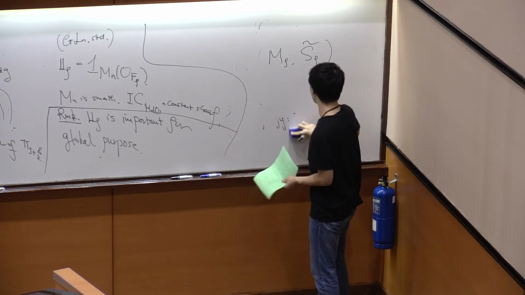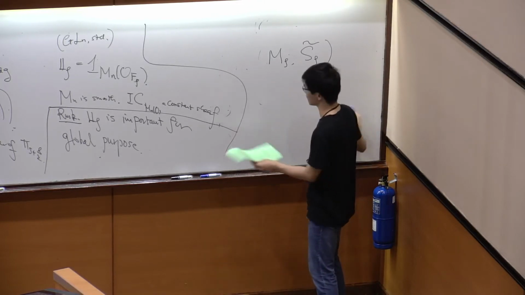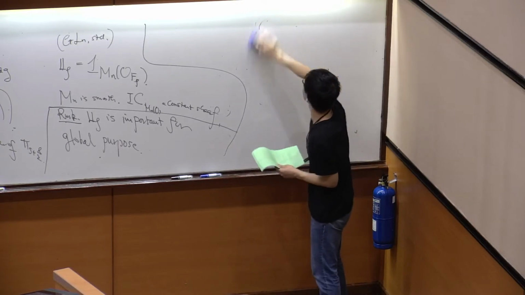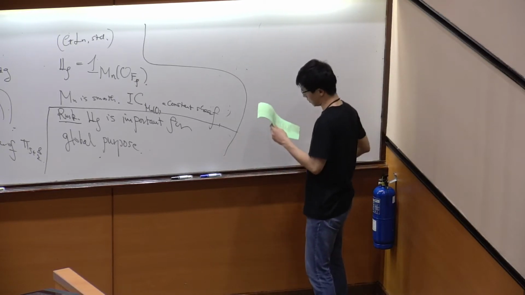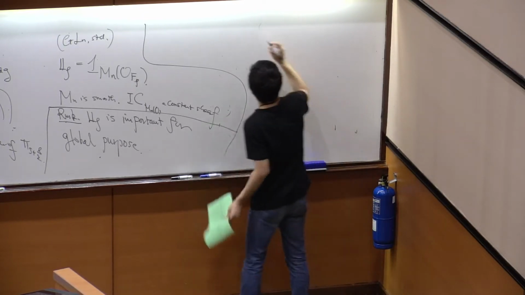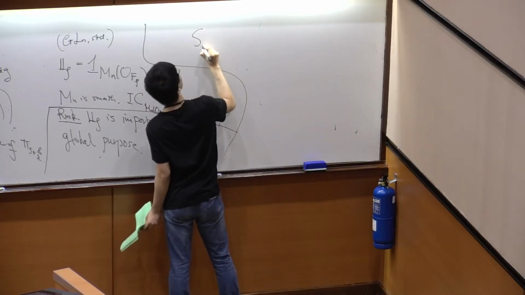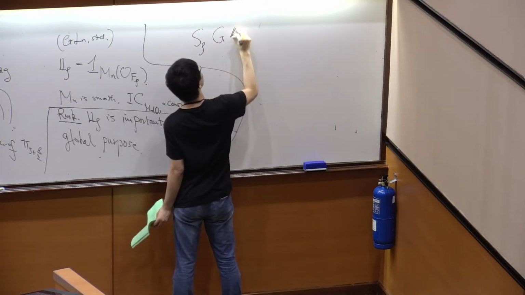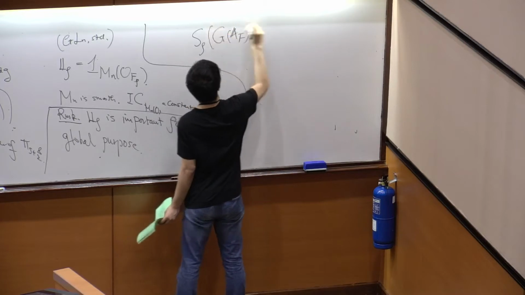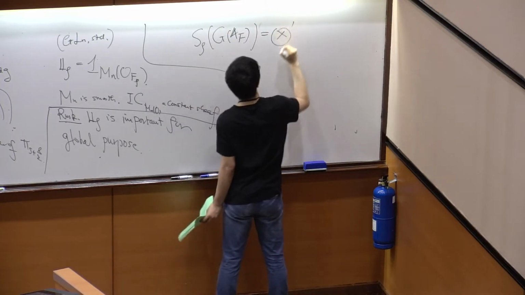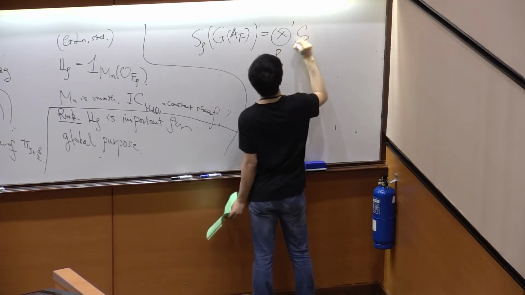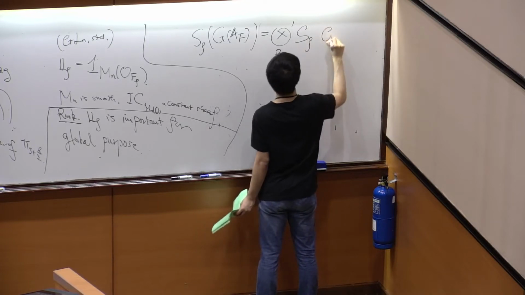The elements that you take it with respect to are just the basic functions. So the global Schwartz space should be the restricted tensor product over all local places of S rho.